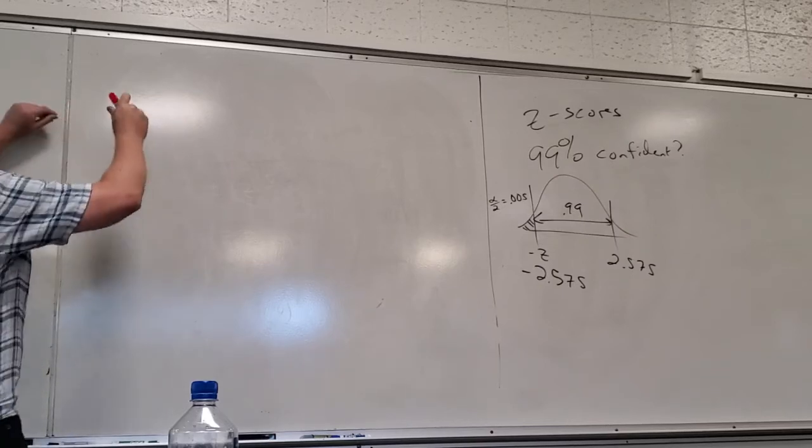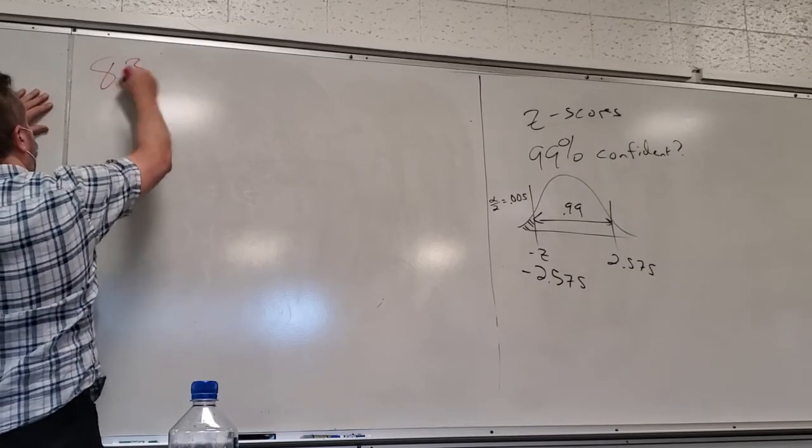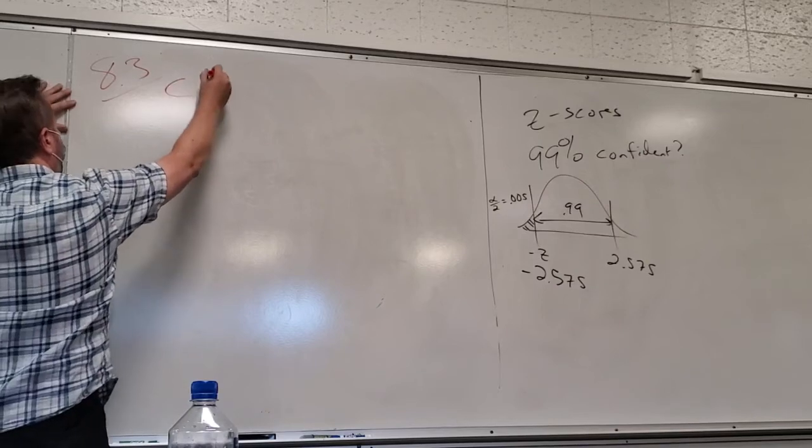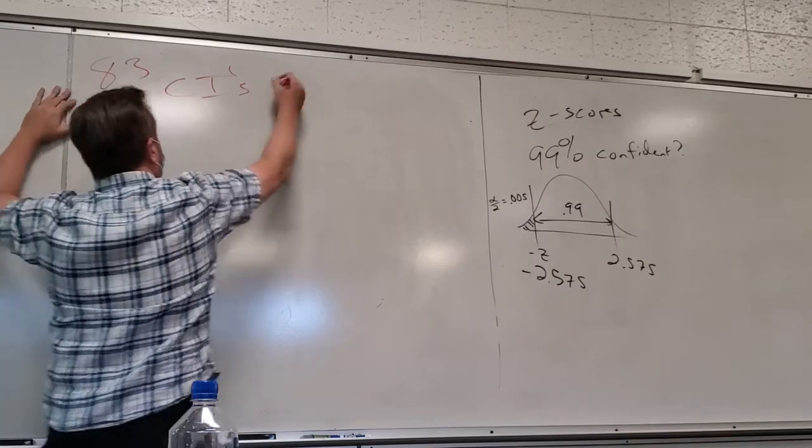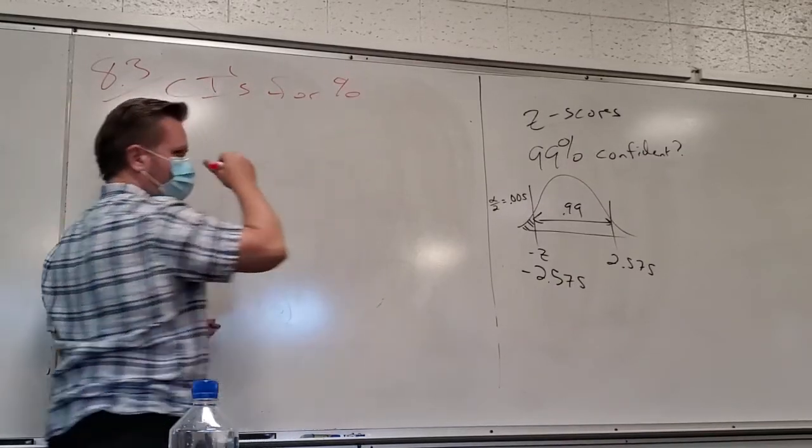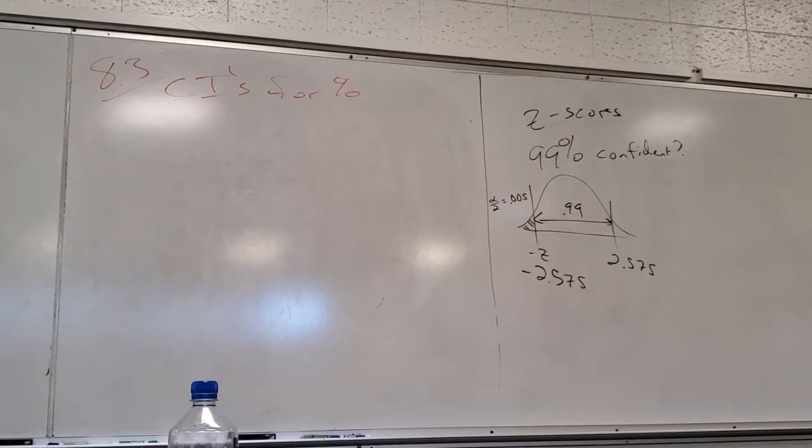So this is all we're going to do with 8.3. 8.3 is all about making confidence intervals for percentages. And this relates to, did I ask you this already? Did anyone pay any attention to the polls leading up to the last election?